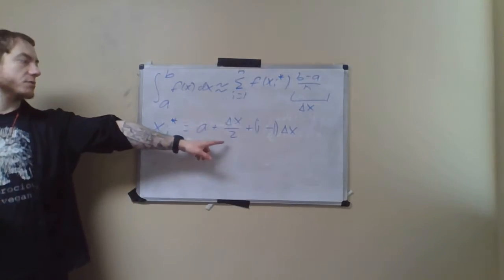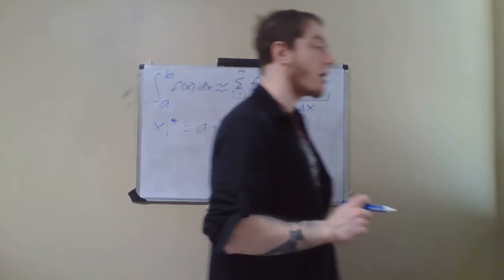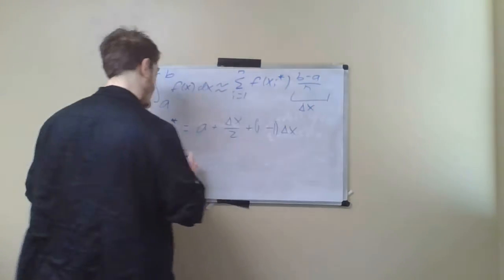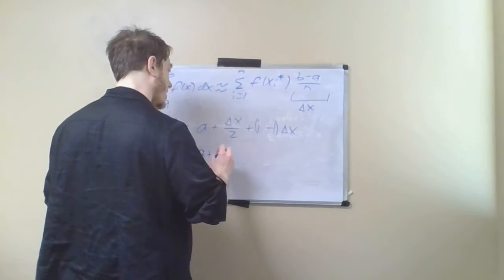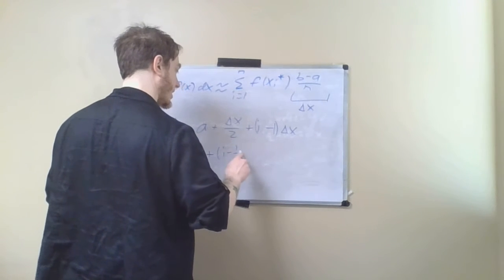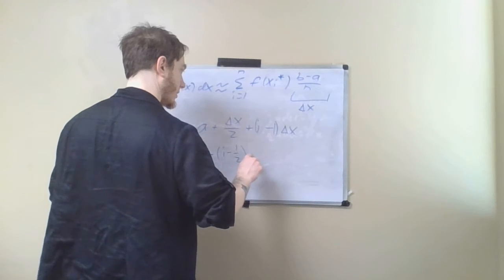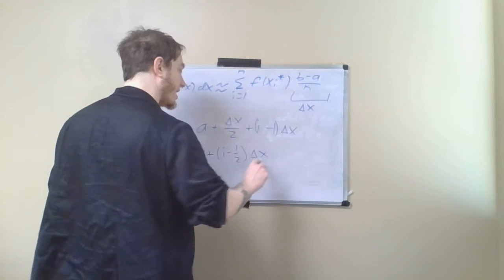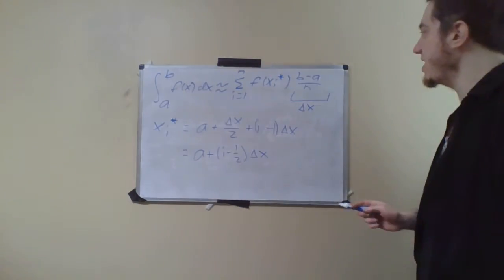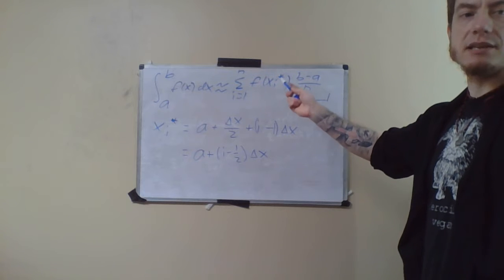So this is where the first midpoint is, and then we keep on going like so. Or a simpler way of writing this maybe is that this is a plus (i minus a half) times delta x.